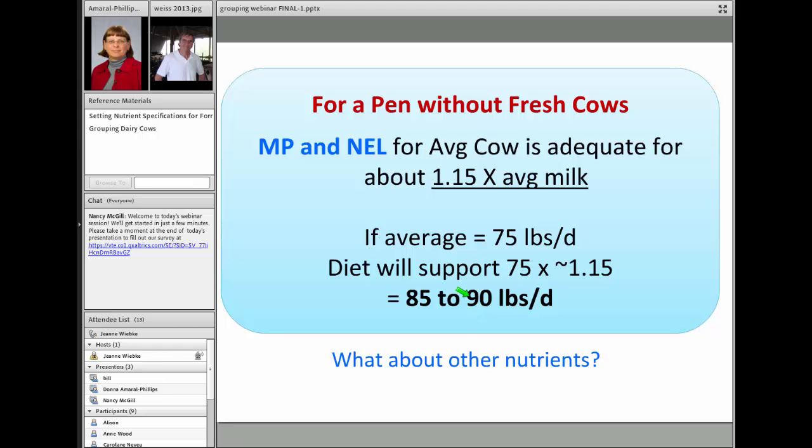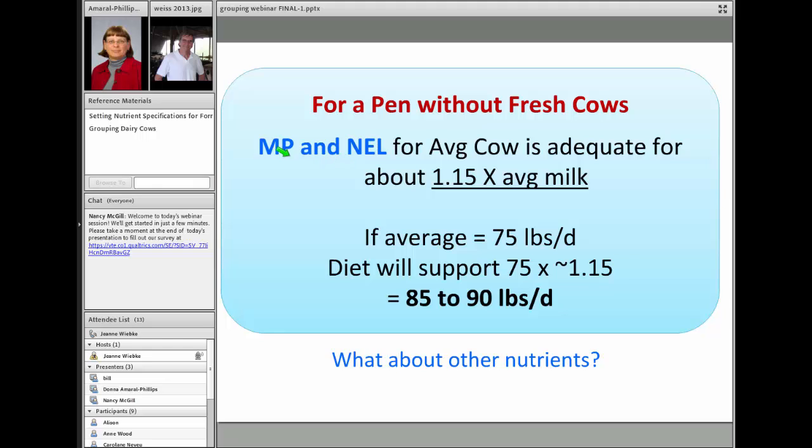If you don't have any cows above 90 pounds, you won't necessarily reduce pen average production. But that would be a very, very tight pen, where if the average was 75 and the highest cow was only 90, you would not reduce production. But again, that's not very realistic.